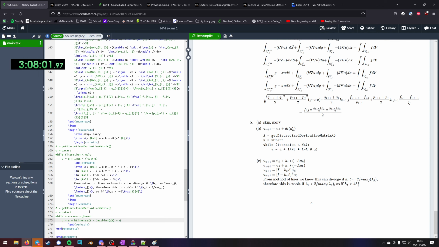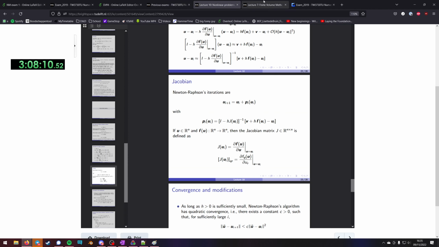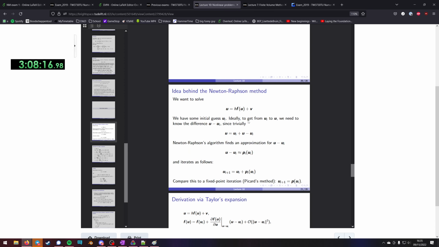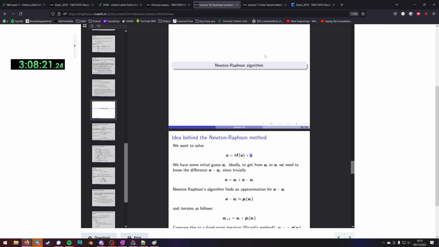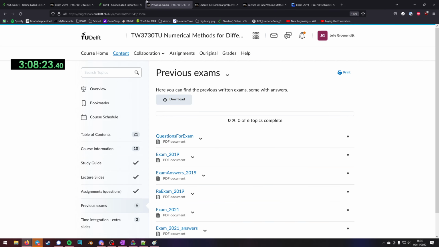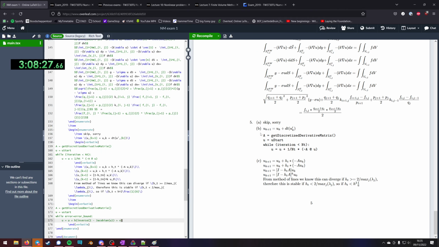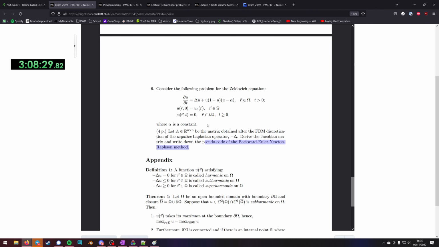And then you add V, which I believe is the derivative of U. What is V again? Okay, this is like the thing after. Yeah, okay, so we are solving this.